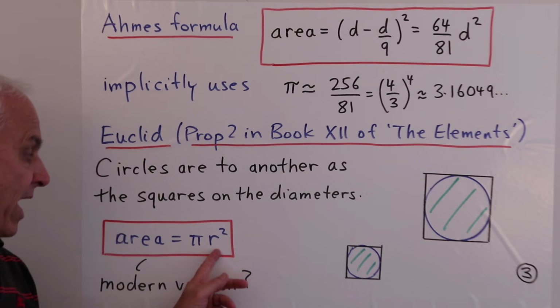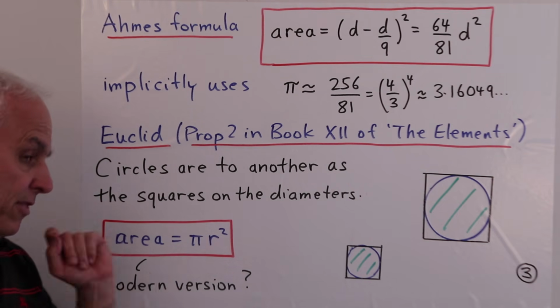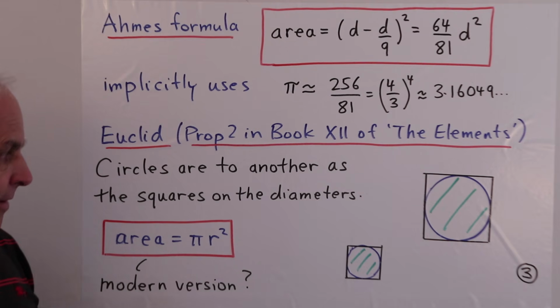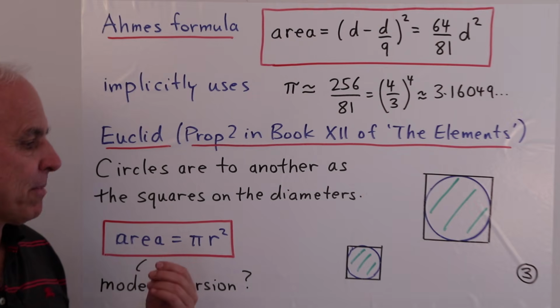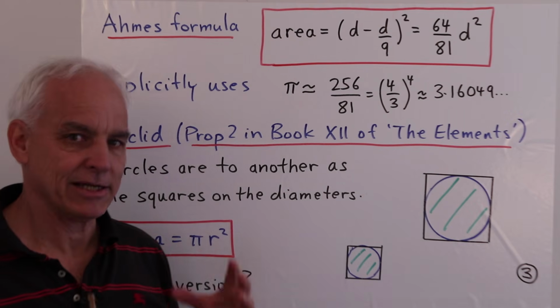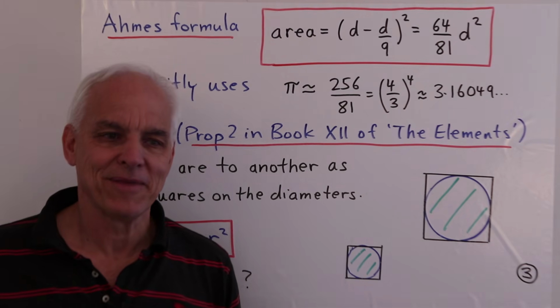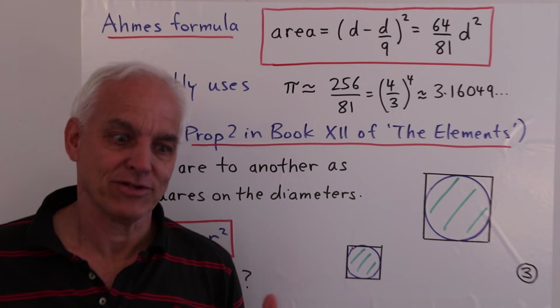So that's the quadratic dependence of the area on the radius. But you have to admit it's not a very precise restatement of Euclid. Euclid is getting at something slightly different. It's a different cultural approach to what's really happening here.